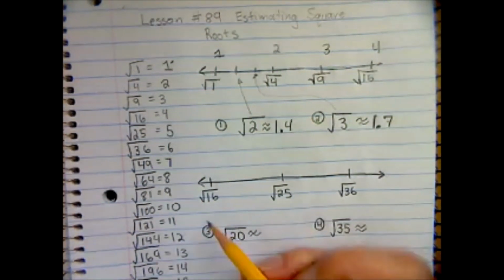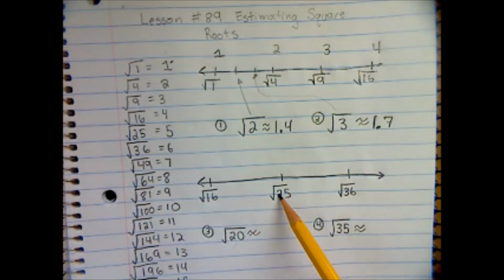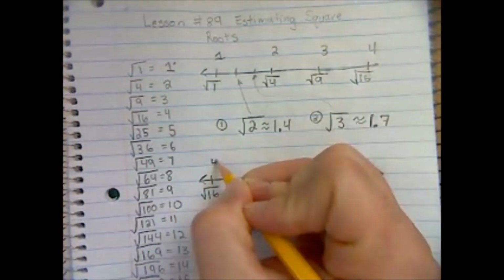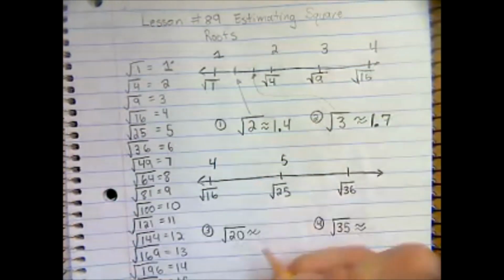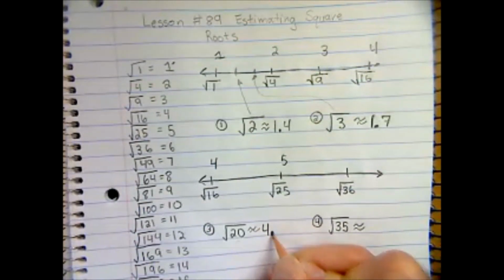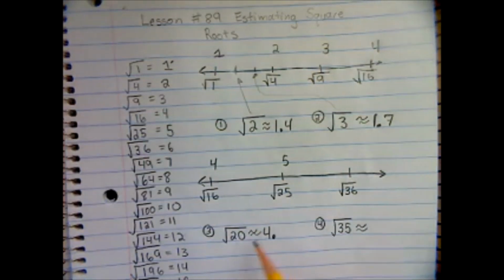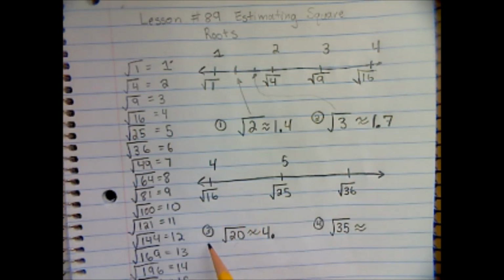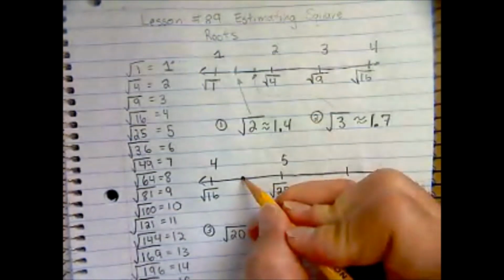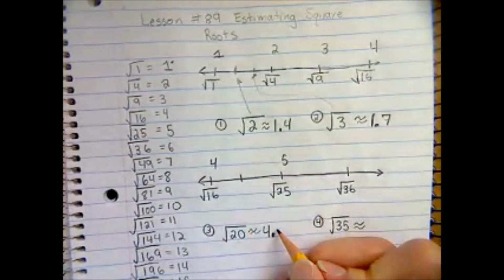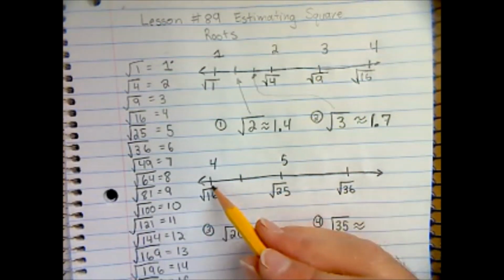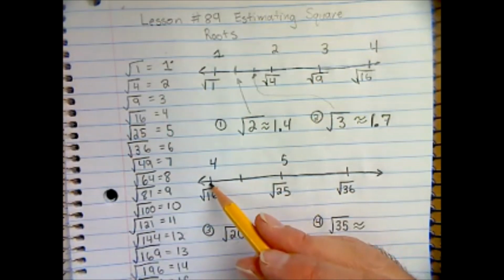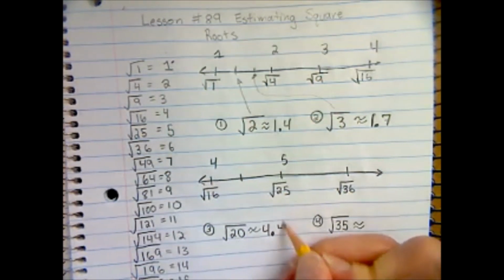Square root of 20. That's bigger than square root of 16 and smaller than square root of 25, so it's in between 4 and 5. So it's going to be 4 point something. We don't know. So square root of 20, is it closer to square root of 16 or square root of 25? I think it's closer to square root of 16. So I'm going to put this right about there, and I'm going to say 4 point, it's not real close, so I'm not going to put 4.1, I'm going to put about 4.4.